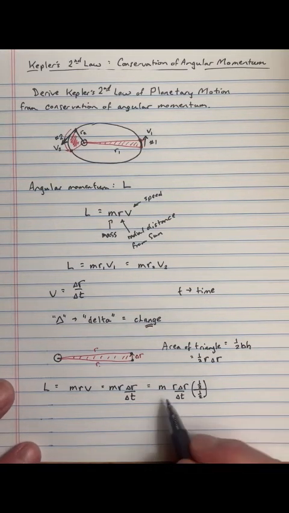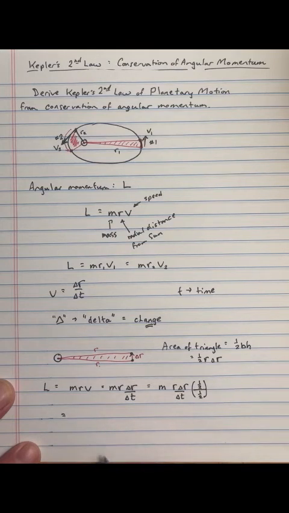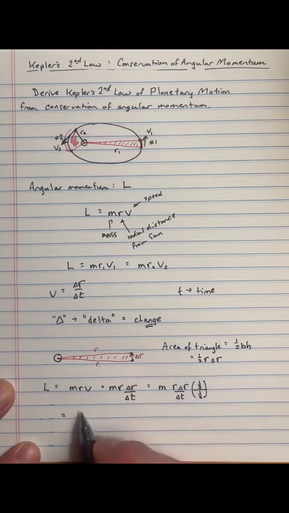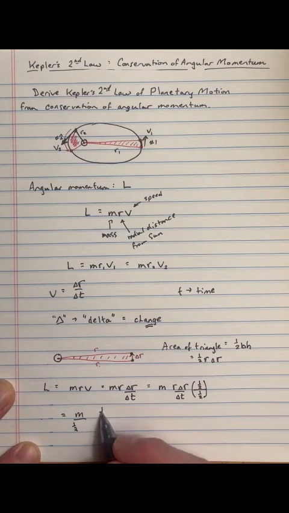Why would I do that? Well, then this 1/2 would be on the bottom, so m over 1/2, like this. It's going to look weird, but I'll leave it there for the moment. Then multiplied by 1/2 r delta r over delta t, and of course that's still all equal to L.